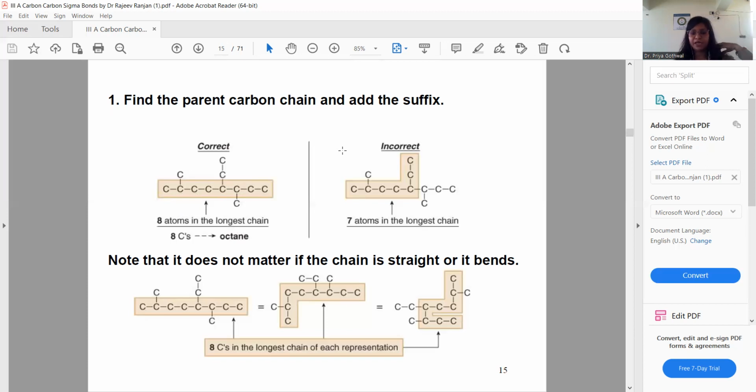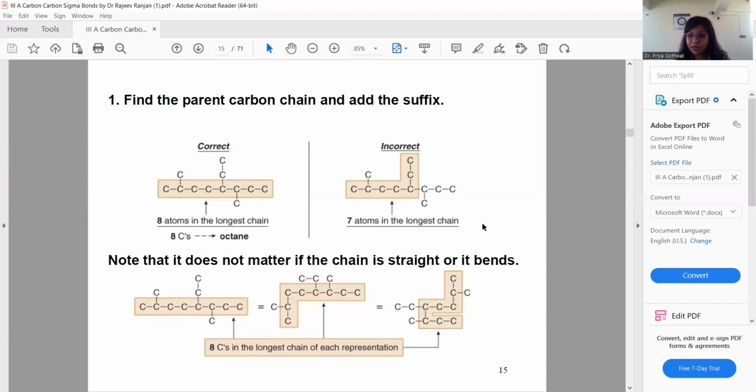The second, incorrect possibility is also generated in our mind, if we number the carbon chain 1, 2, 3, 4, 5, 6, 7, 8. Here, if we count 1, 2, 3, 4, 5, 6, this is only 7 atoms in the longest chain.